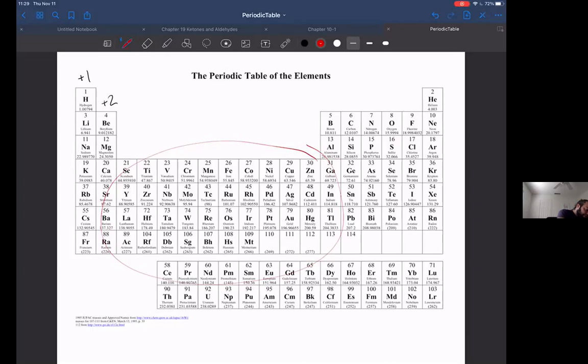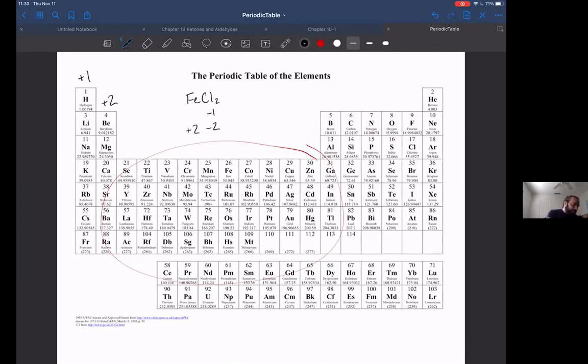Or if you were given a formula like FeCl2, you would have to know that each ion of chloride has a -1 charge. And so that's a total charge of -2, which means that the iron in this case would have a charge of +2. Okay, so remember, this is all stuff that we went over when we did the ionic compounds lectures. But yeah, that's going to be important for this chapter.